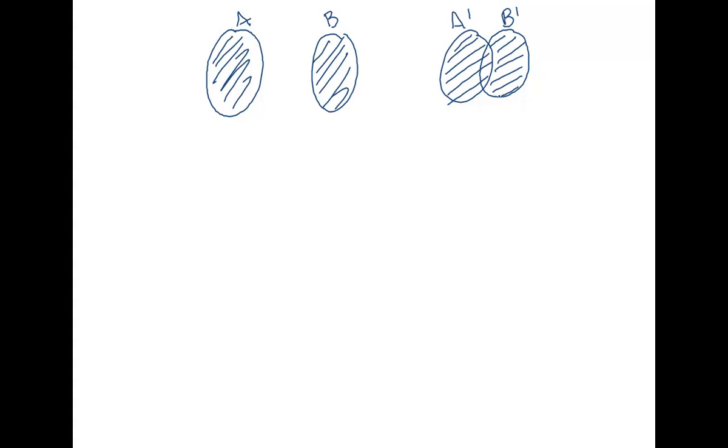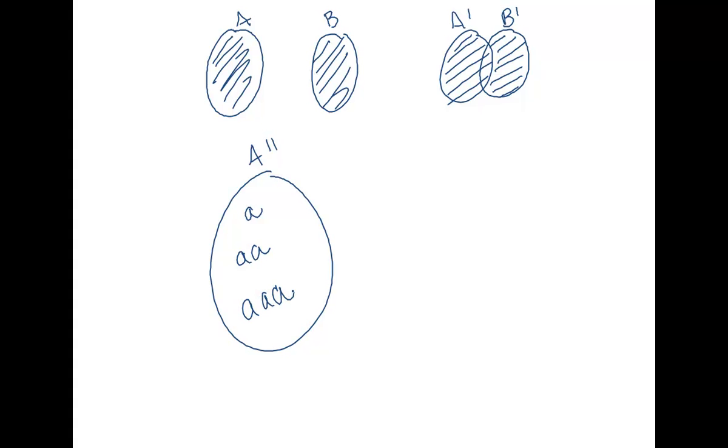So let's look at a string example because we're talking about strings. Let's say that language A double prime consists of the strings A, AA, and AAA. So this is a finite language.